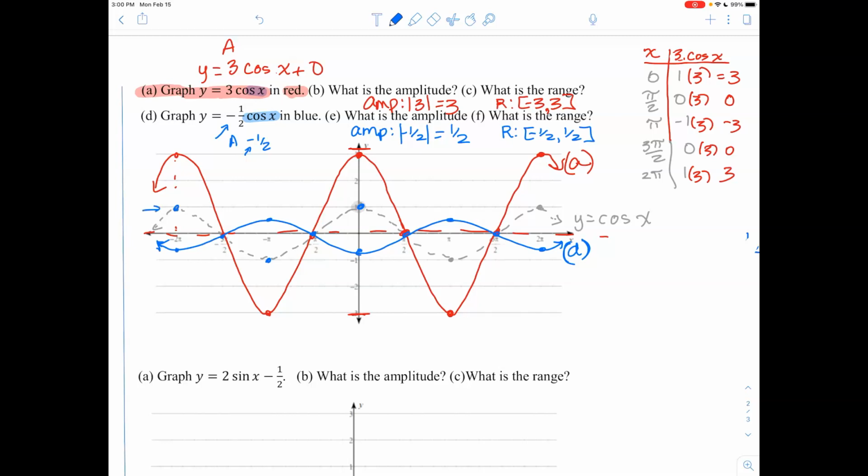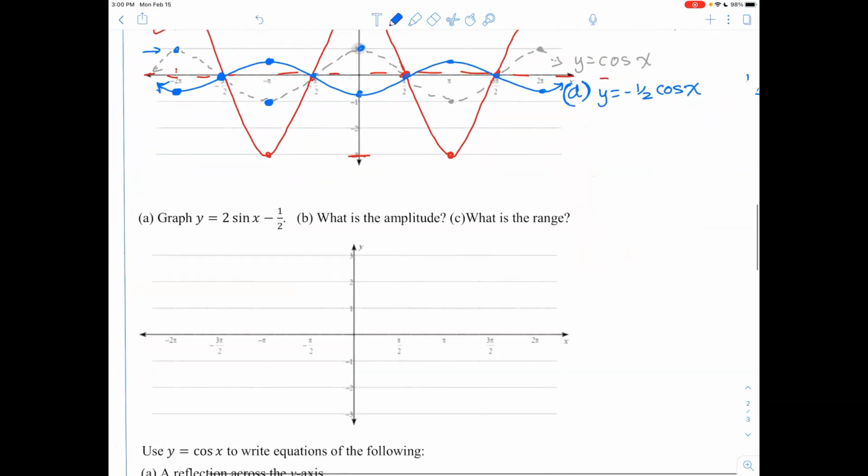So here I did +1 times -1/2 is -1/2. 0 times -1/2 is 0. -1 times -1/2 is +1/2. And like that. And so there is your Y equals -1/2 cosine of X. Right, amplitude is the absolute value of -1/2 or 1/2. And the range was from -1/2 to 1/2.